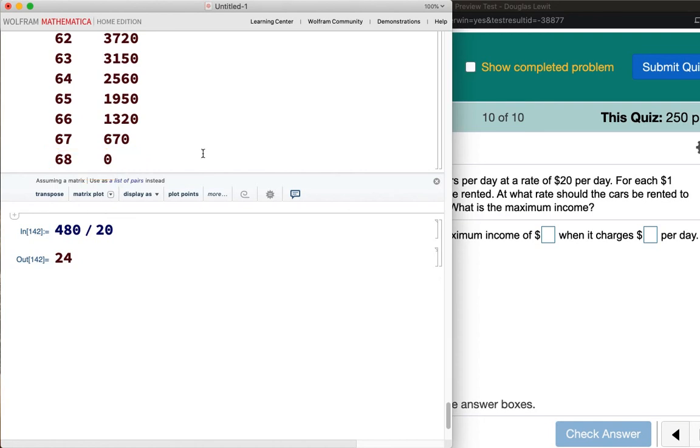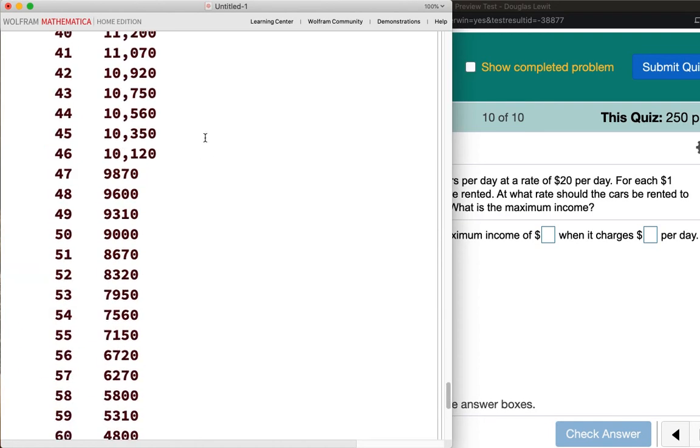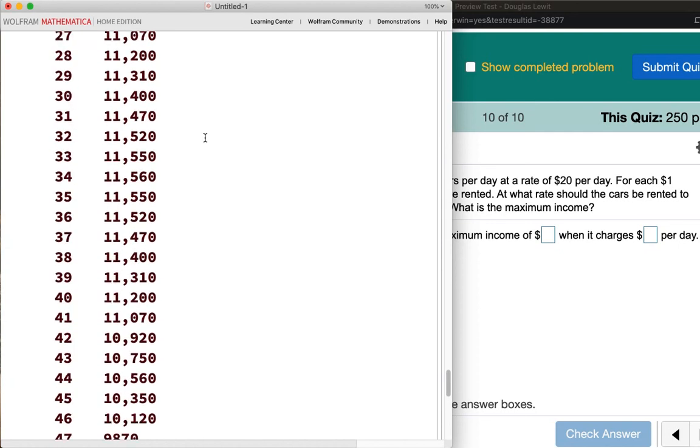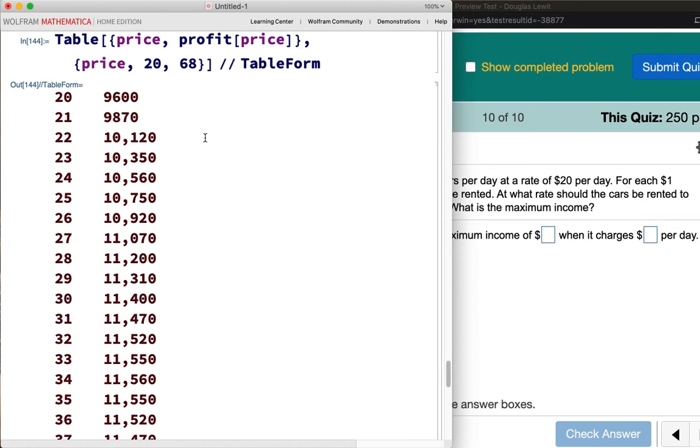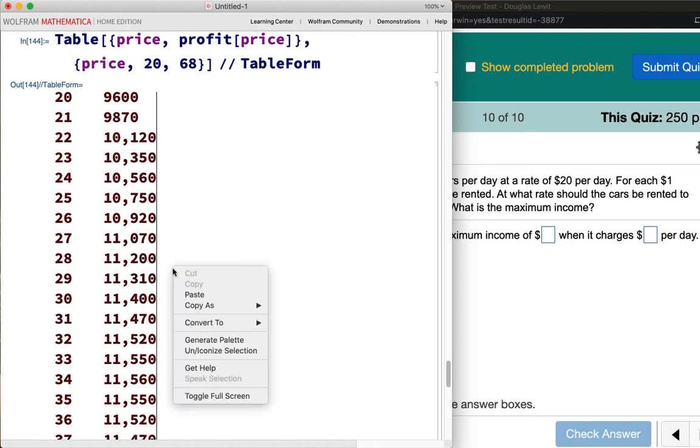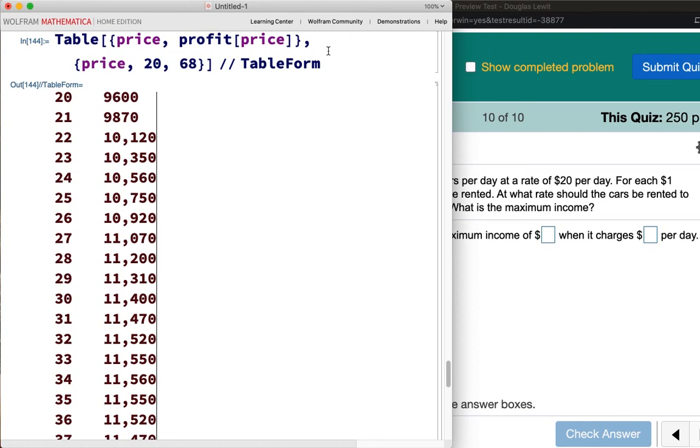So let's take a look at this. Where's the maximum? Where is the maximum? So 9870. Okay, this is bigger. One second. It's not what I want.